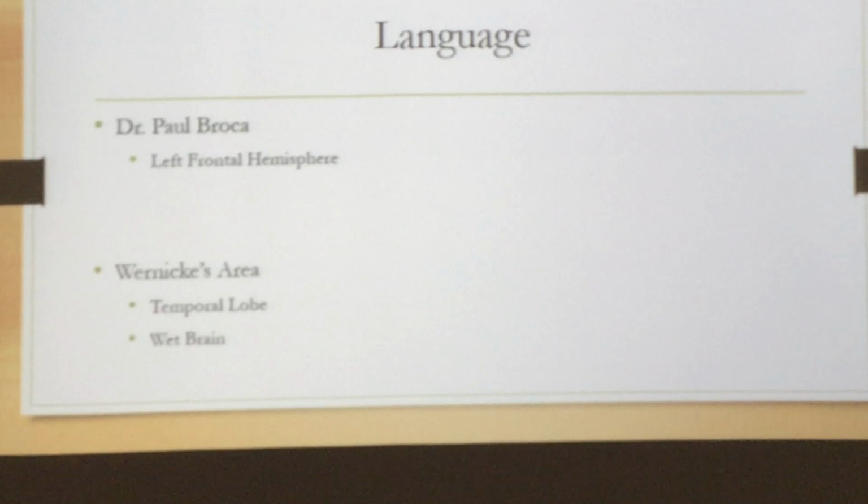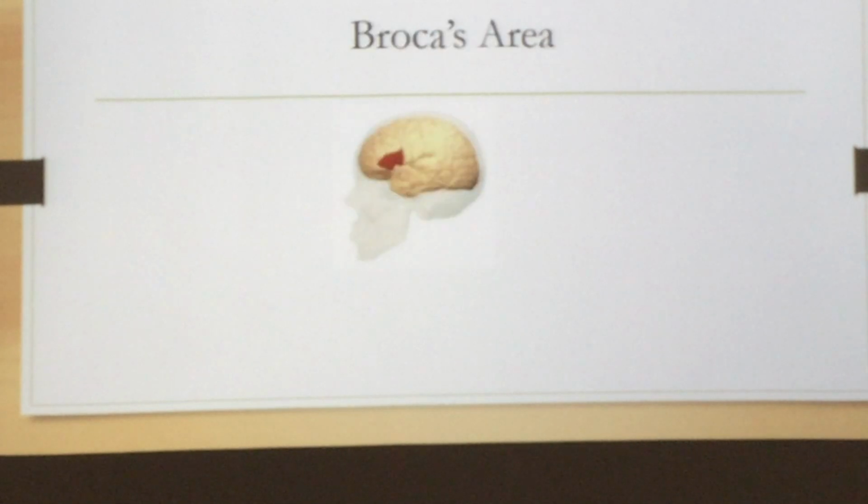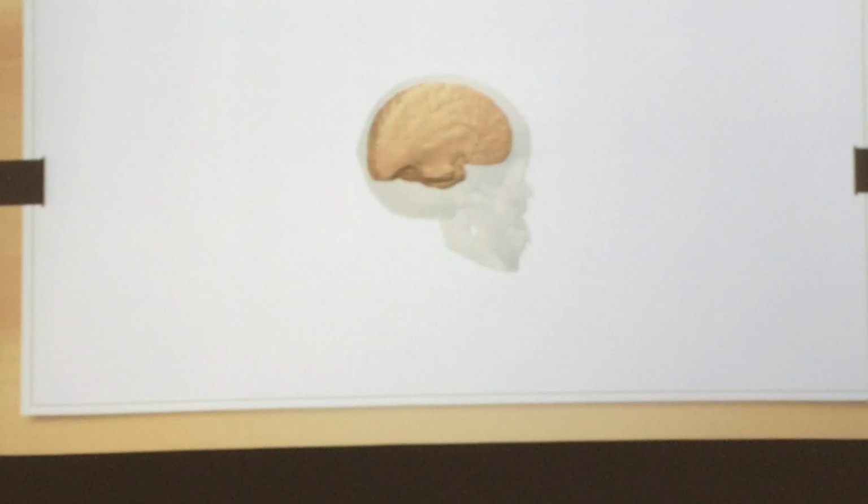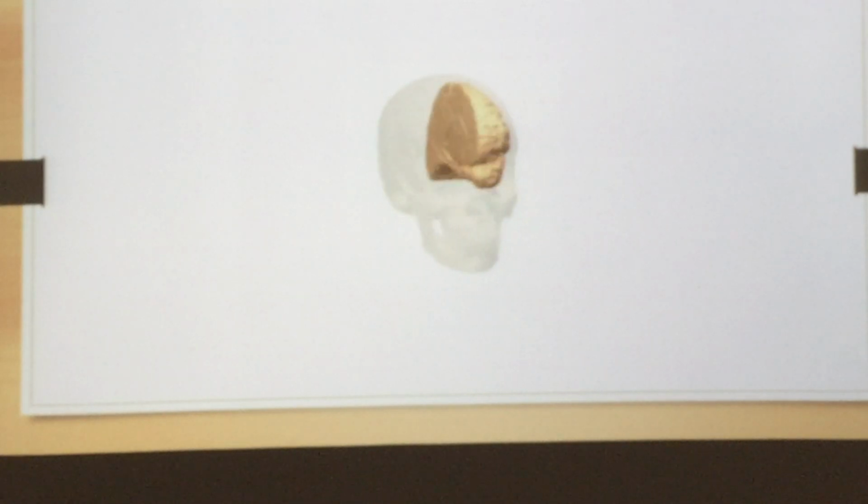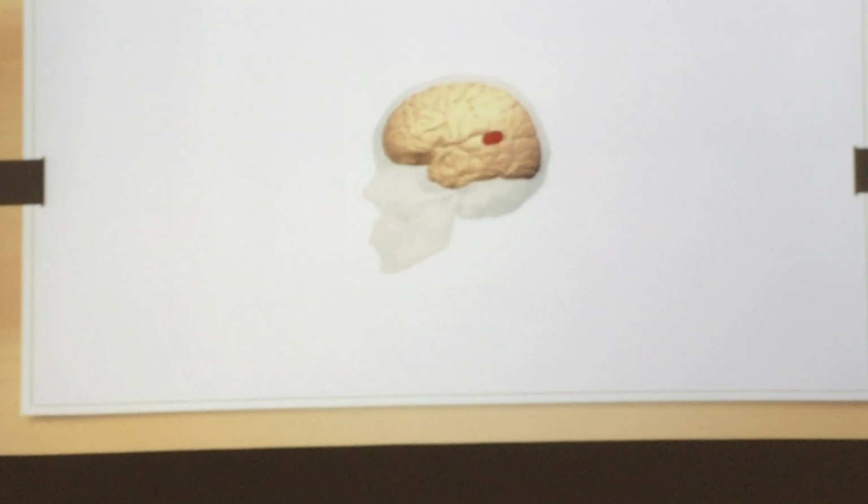It will affect their memory, their speech, even their gait, to the point that in some ways they will appear drunk, even though they haven't had anything to drink. So, there is Wernicke's area. We'll come back around in a second. You can see Wernicke's area right there.